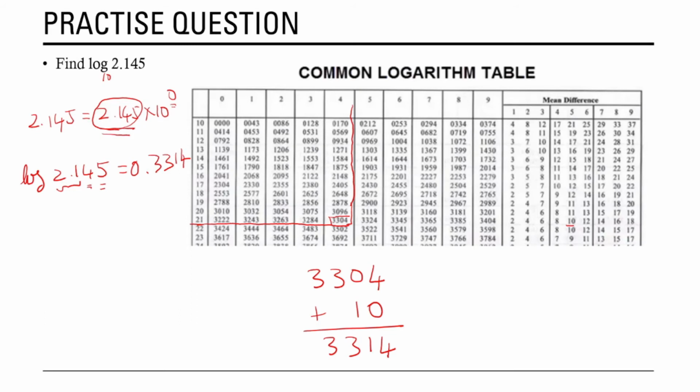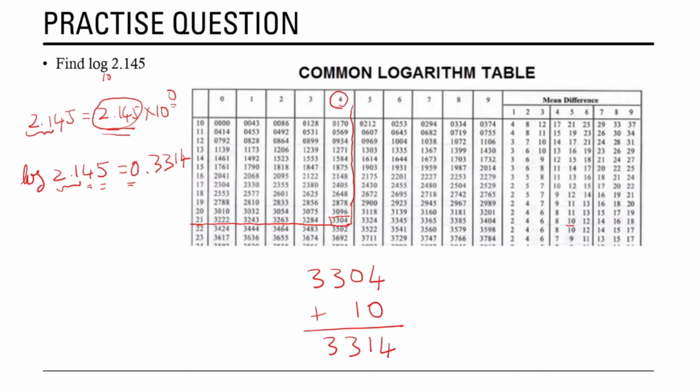So we are asked to find log of 2.145. We express 2.145 in the standard form, 2.145 into 10 raised to 0. So our characteristic is 0 and the mantissa is log of 2.145. We take the first two digits, 21, and check the corresponding row, then the column for the next digit, 4.